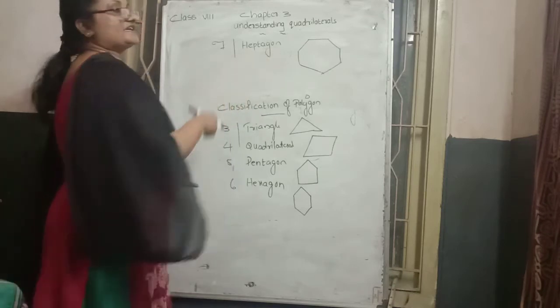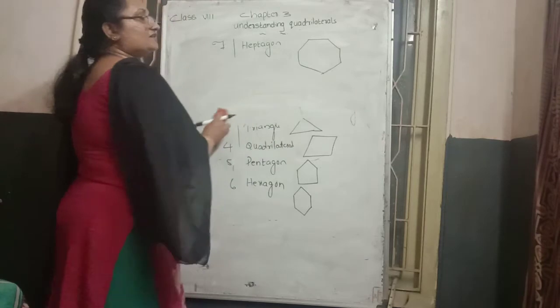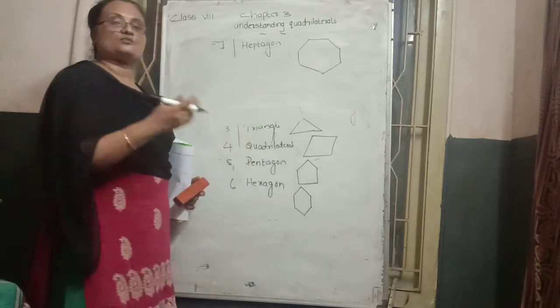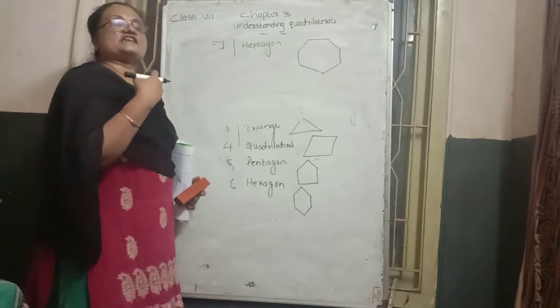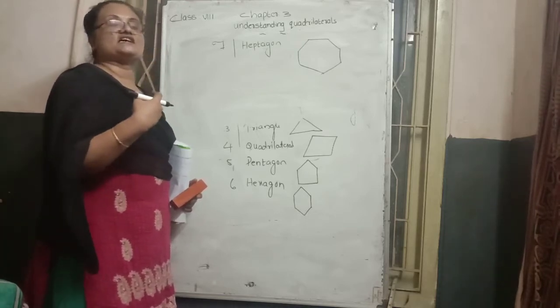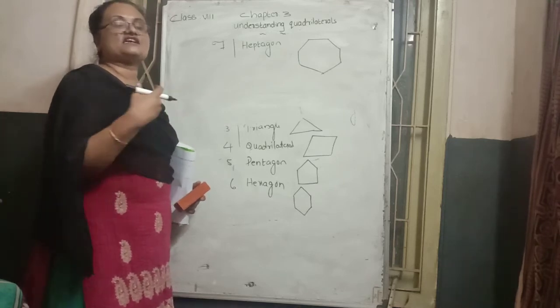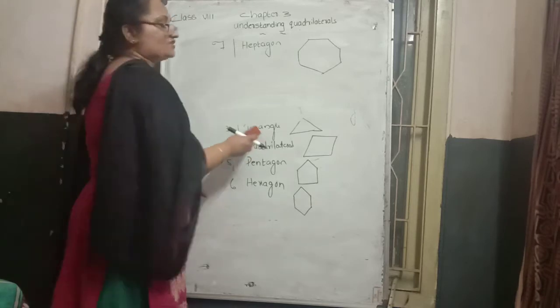That's why the heptagon is also called a polygon. It is an example of a polygon. An eight-sided figure we call an octagon. A nine-sided figure is known as a nonagon. A ten-sided figure we call a decagon. Like this, we can classify polygons on the basis of their sides and vertices.